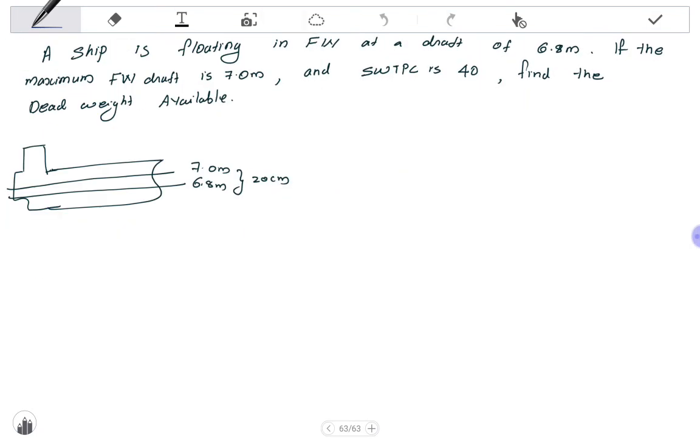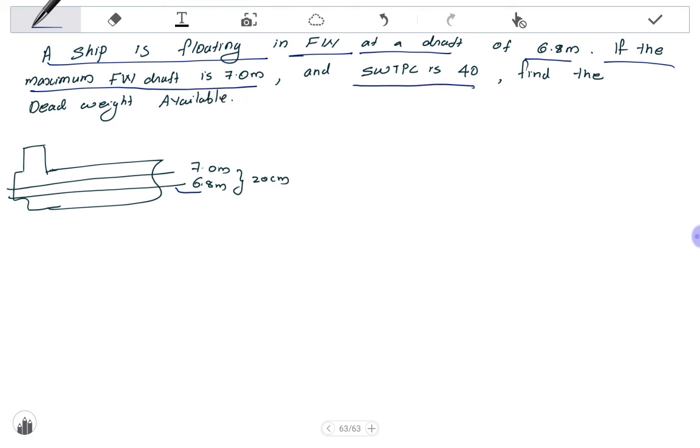The next question: a ship is floating in fresh water at a draft of 6.8 meters. If the ship's maximum freshwater draft is 7 meters, so this is the present draft 6.8 and the maximum freshwater draft is 7 meters, and the salt water TPC is 40, find the dead weight available.